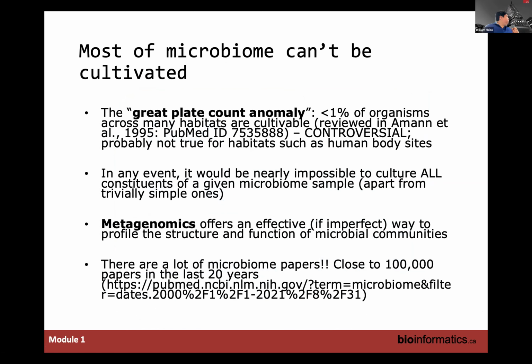And we also know, of course, that most of the microorganisms still cannot be cultivated in isolation in the lab, and that's why the term great plate count anomaly was coined. Even with the newer cultivome type of approach of systematically refining the nutrient requirements of organisms in order to culture them in the lab, the vast majority of organisms, as they live in a complex community, are still difficult to culture in the lab.